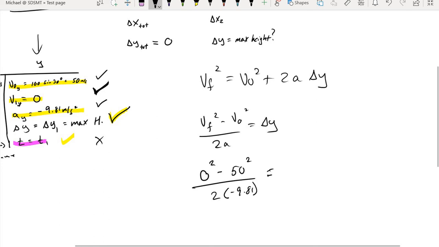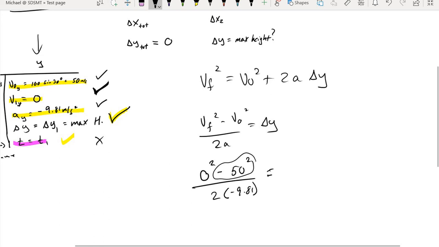And if we put everything into our calculator correctly, right up here, keep in mind that you are subtracting the square of 50. You do not have negative 50 squared. Okay, the order of operations says that you need to take care of your powers first, then you can do your subtraction.